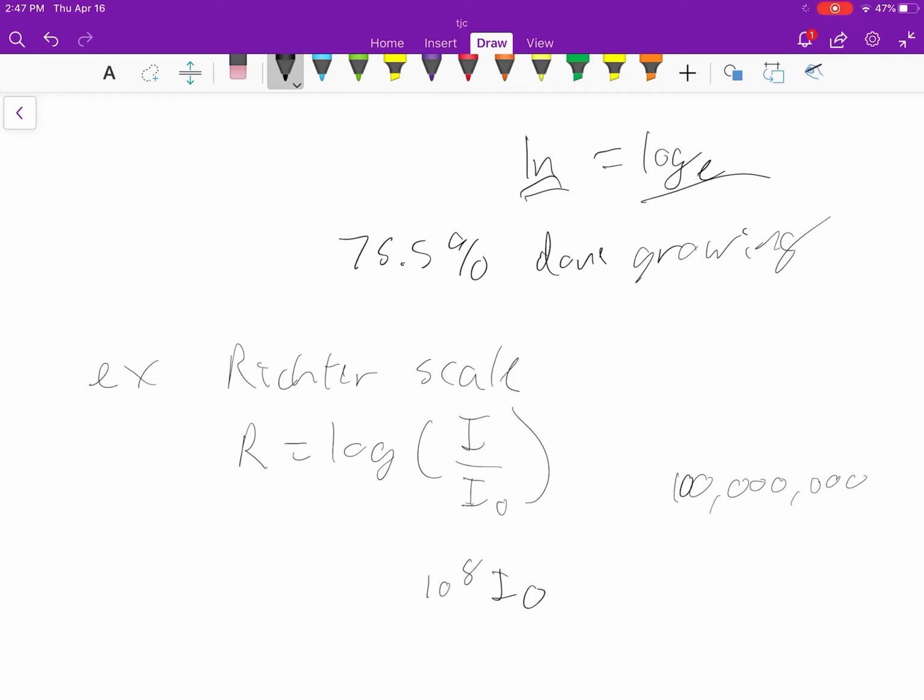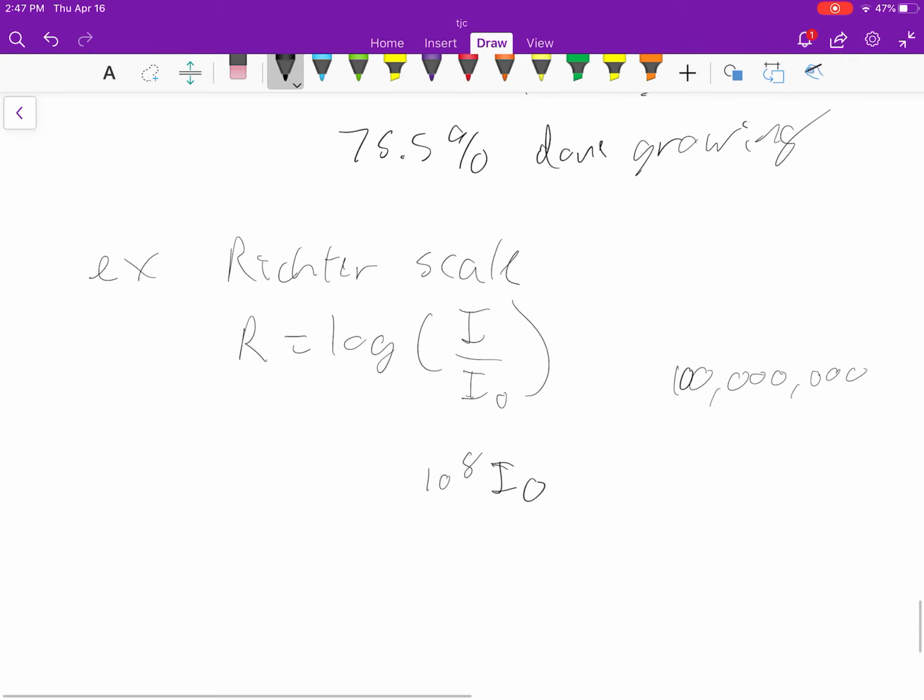So I naught is an earthquake that you can barely feel. It's the most basic earthquake. Let's say we have an earthquake that's 100 million times more intense than that original base earthquake. Then what is its measure on the Richter scale?